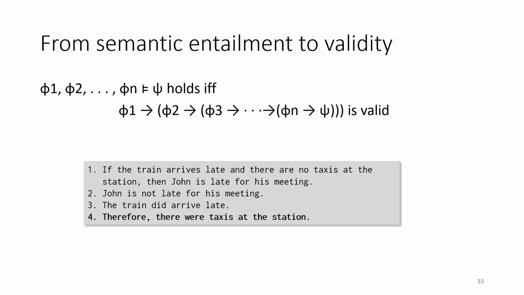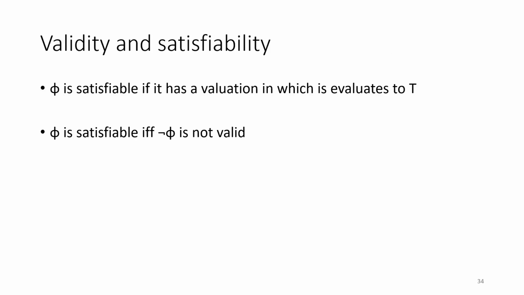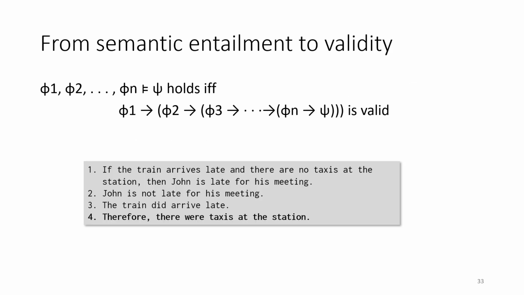Okay, so how would we do this for our example here? Here we actually want to know whether the first, the second, and the third semantically entail the fourth. So we want to write this statement: statement 1, statement 2, statement 3 semantically entails statement 4, right?